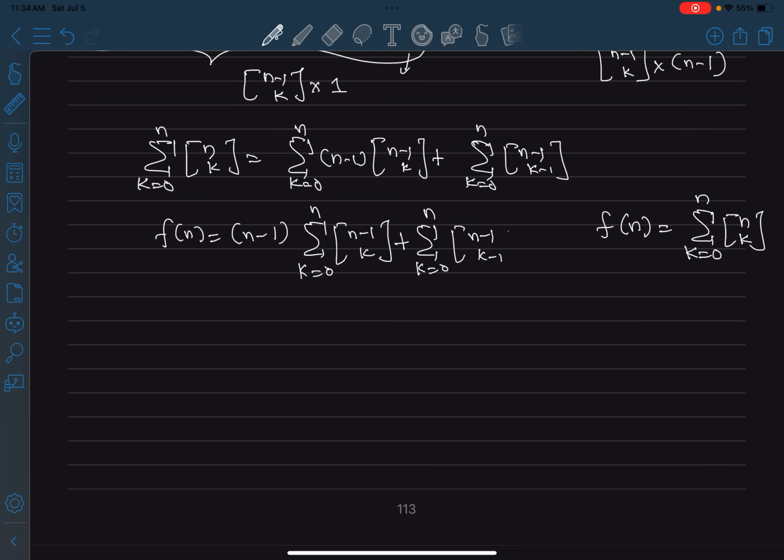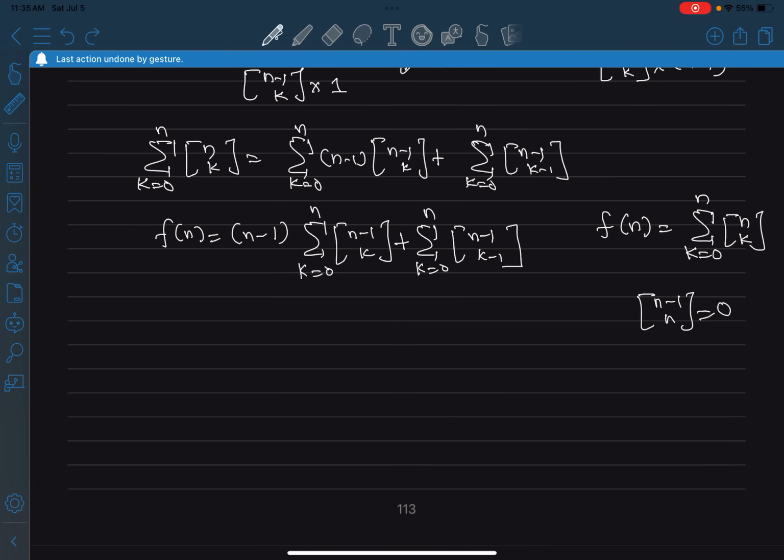In the first sum, when k goes from 0 up to n minus 1, it's perfectly fine, right? But when k is n, we cannot really make a permutation function with n cycles given n minus 1 elements, because that's not even possible, so that's just 0. If the k over here is greater than the number of elements over here, then that's automatically 0.